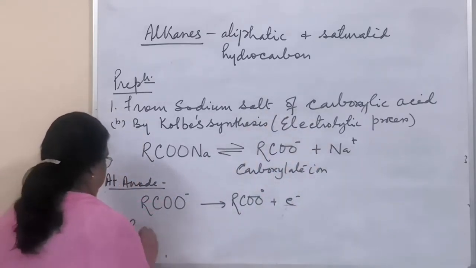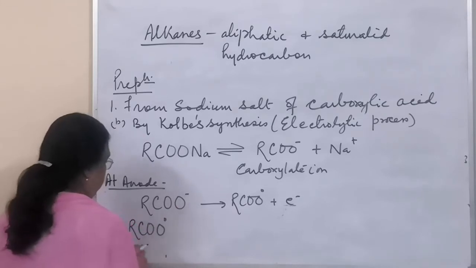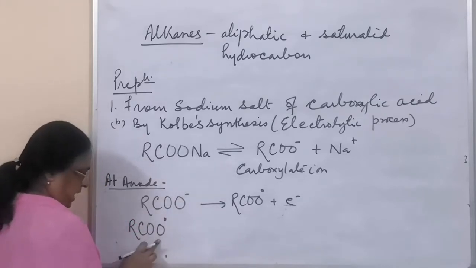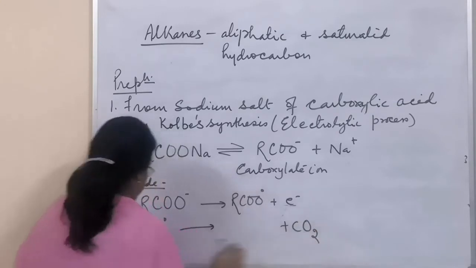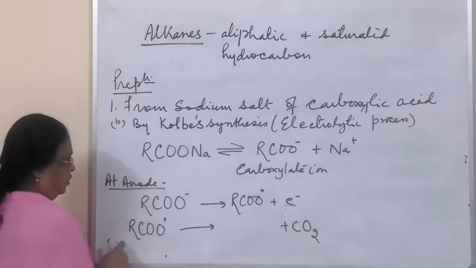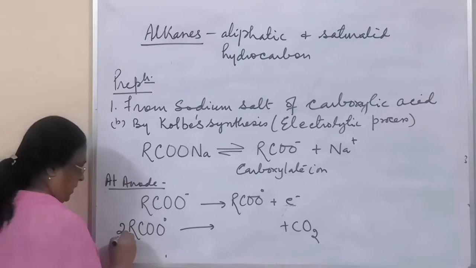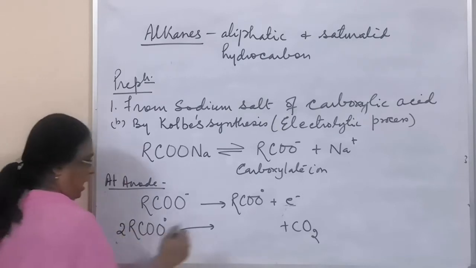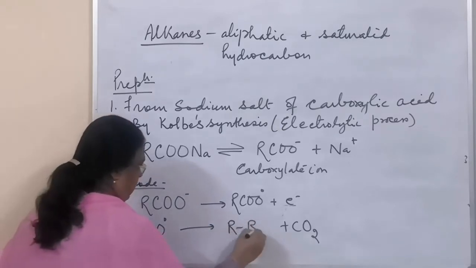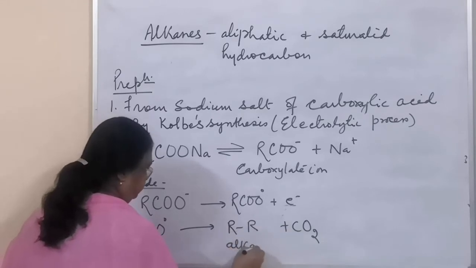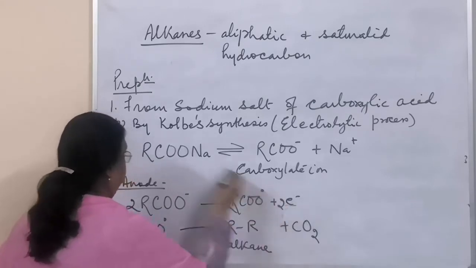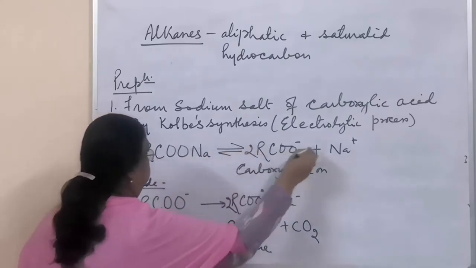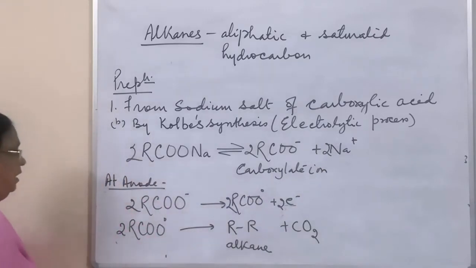This neutral carboxylate molecule, which has carbon with two oxygens, I have taught to you earlier, will release carbon dioxide automatically and R will be free. So if we take two molecules of this, then 2R, R will be bonded with R, and this is your alkane. Here you will have to take 2 of each.